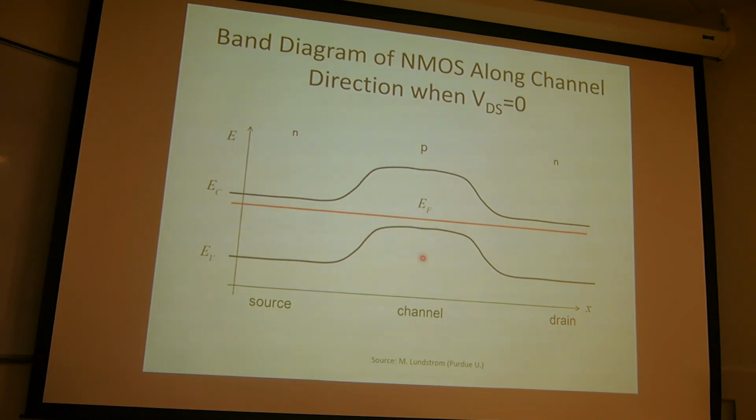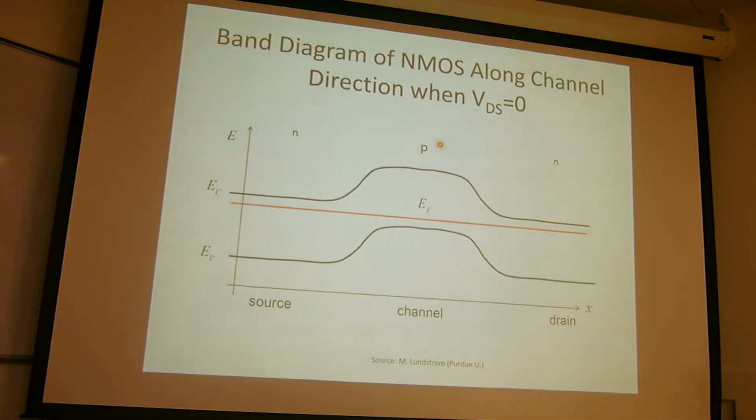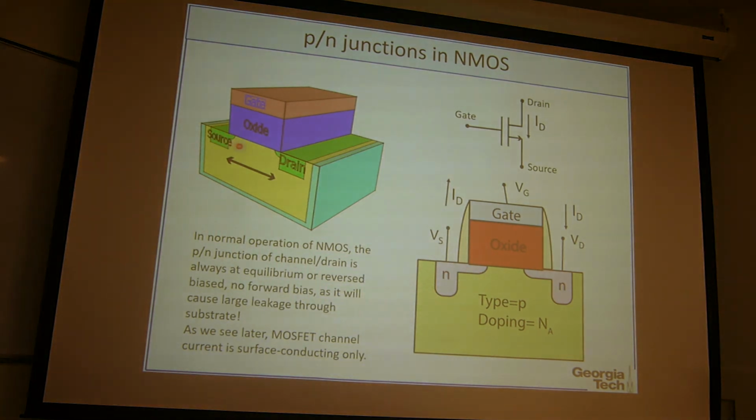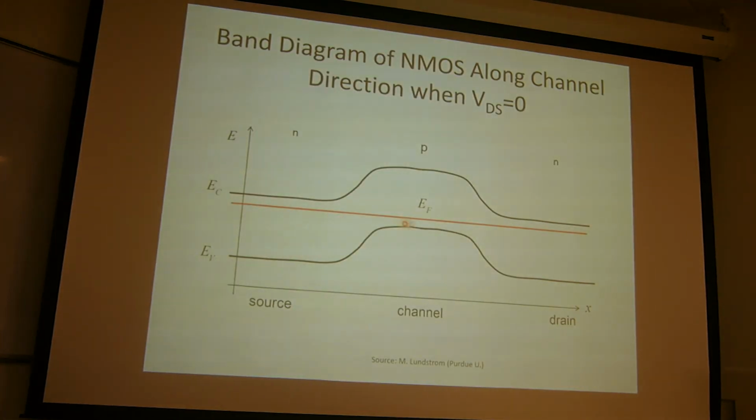Alright, so then if you look at the energy band diagram of this N-type MOSFET along the channel direction, that means you are looking from this source, this is called the channel under the gate, and then this is the drain. So if you draw a line like this, and you want to draw the band diagram along this line, then you will get this kind of band diagram.